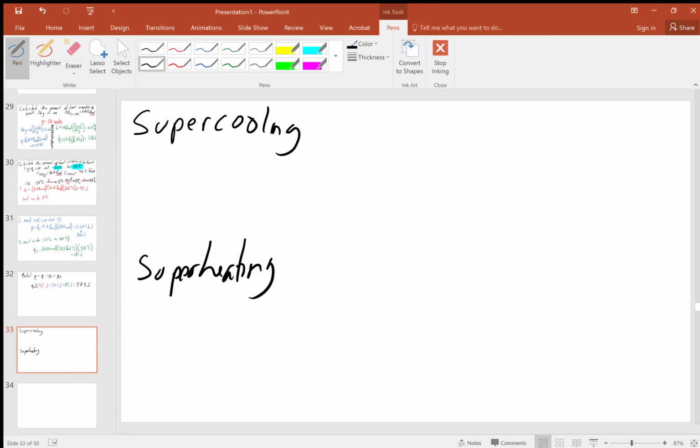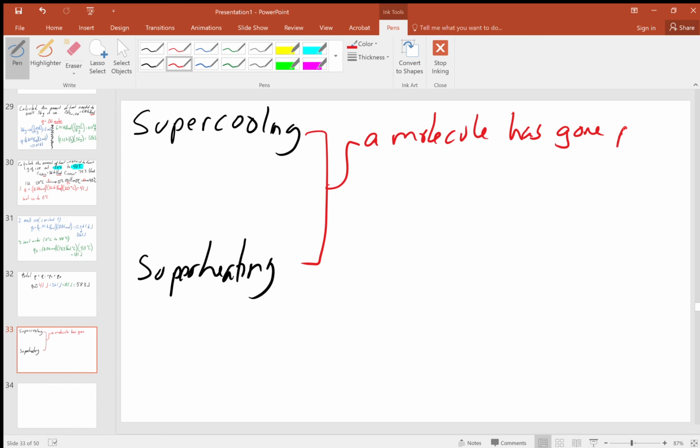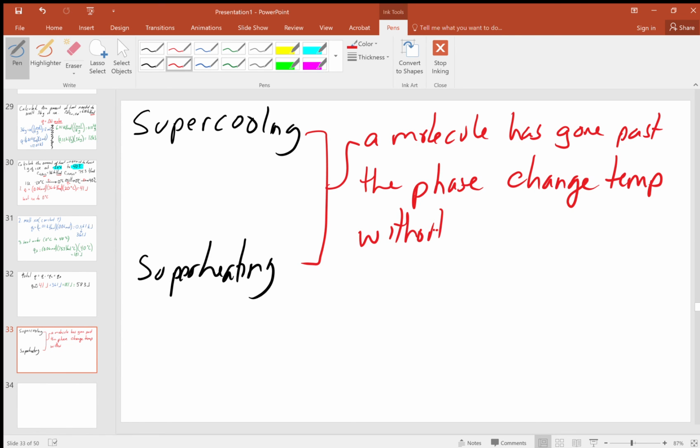So what these are is these are situations where a molecule or a whole bunch of a molecule has gone past the phase change temperature without changing phases.